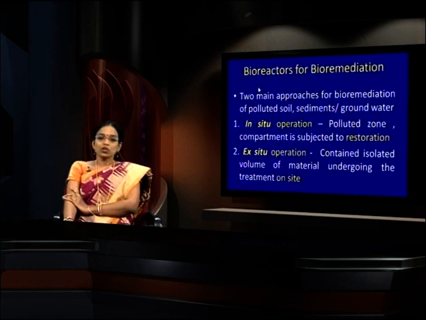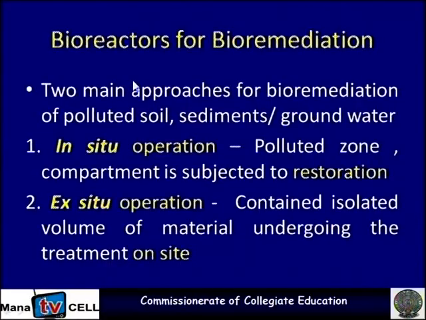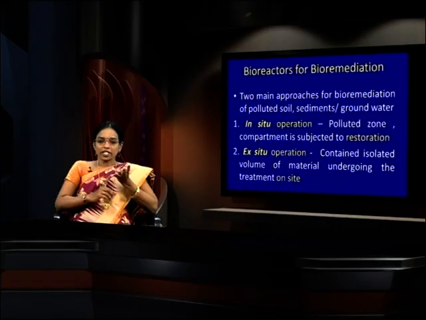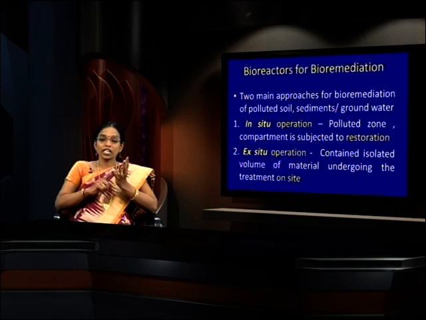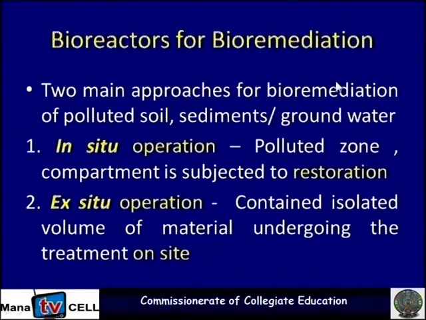So, here we use three main parts. One is bioreactors, and the second is the enzymes responsible for the metabolic activity of the microorganism. To promote the metabolic activity in the microorganism, what are the enzymes required? First, we will see the bioreactors for bioremediation. Here two main approaches are there, in situ operation and ex situ operation.